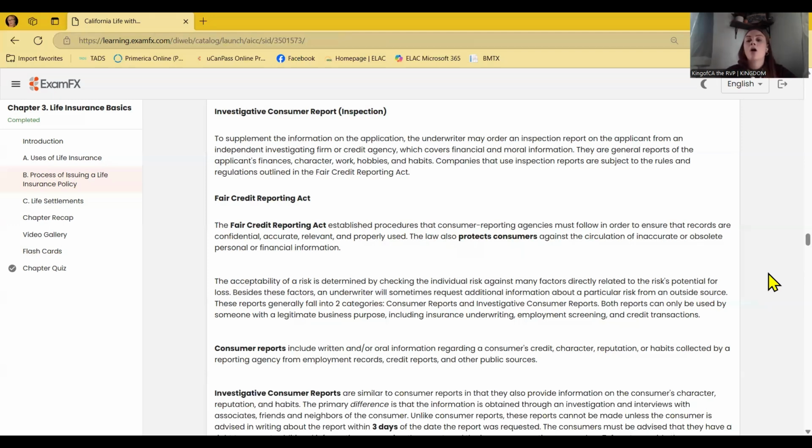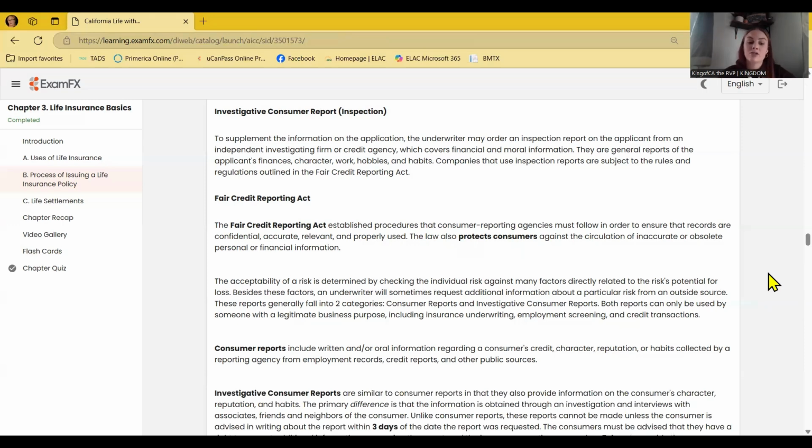This is going to cover all financial and moral information, meaning our finances and our background. They are general reports of applicant finances, character, work, hobby, and habits.